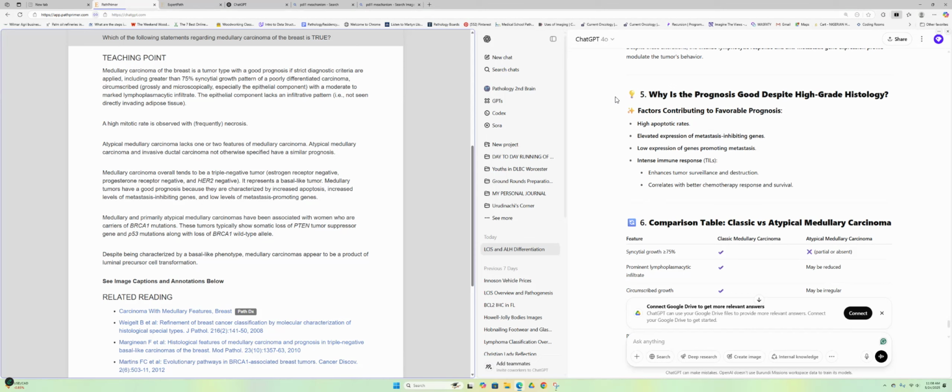Intense immune responses: enhanced tumor surveillance and destruction correlate with better chemotherapy response and survival. Then also immunotherapy. Yes, it goes with immune surveillance. That's why they have a better prognosis.